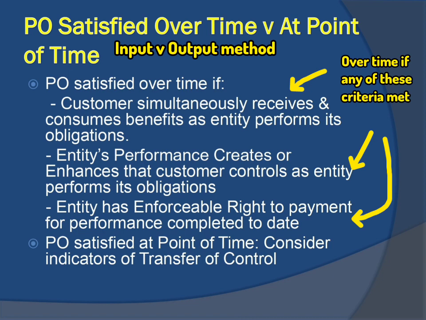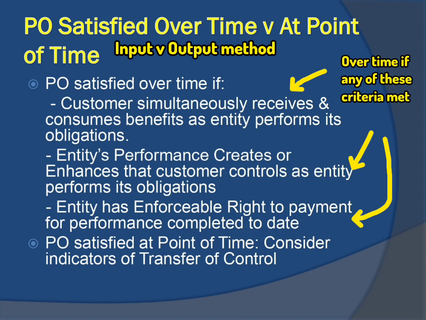In input methods, proportion of work completed is based on the inputs, for example, costs incurred to date, like resources consumed, labor hours consumed, machine hours consumed, time elapsed, costs incurred. And in output methods, the proportion of work completed is based on assessing how much of the finished product is completed, like surveys of performance completed to date, time elapsed, units produced or delivered, appraisals of results achieved.